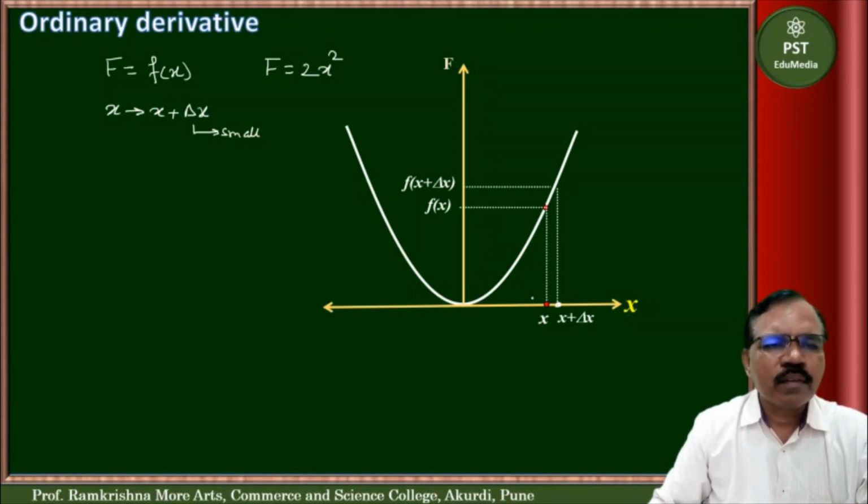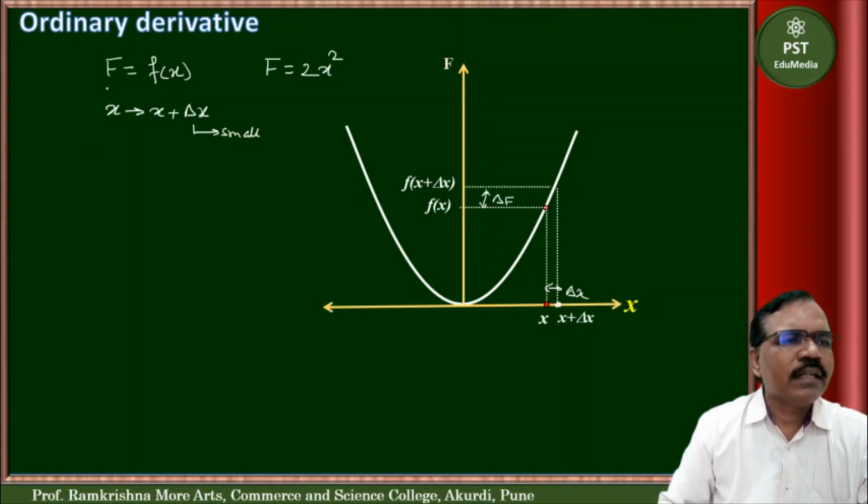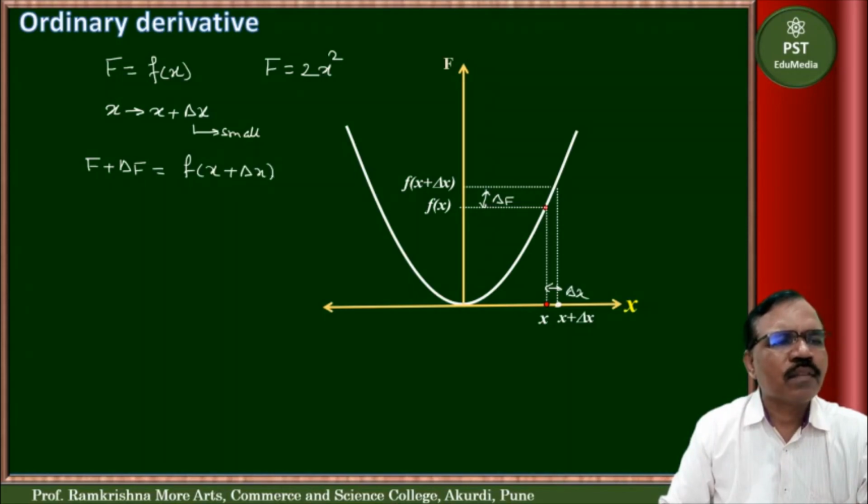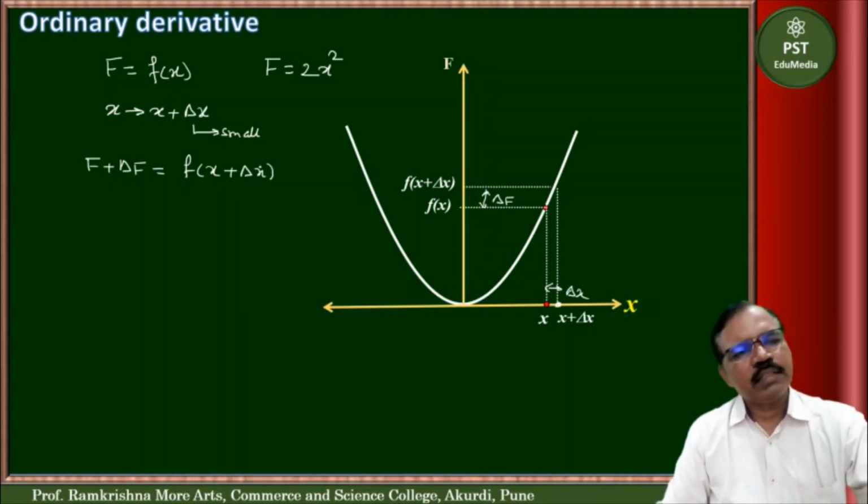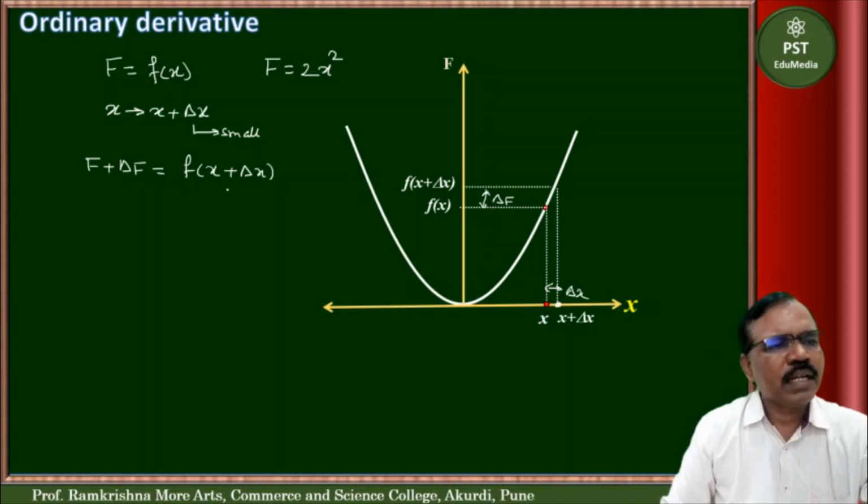So here, this difference is delta x, and this difference is delta f. So I can write f is equal to f of x. So f plus delta f, the change in function, is equal to f of x plus delta x.